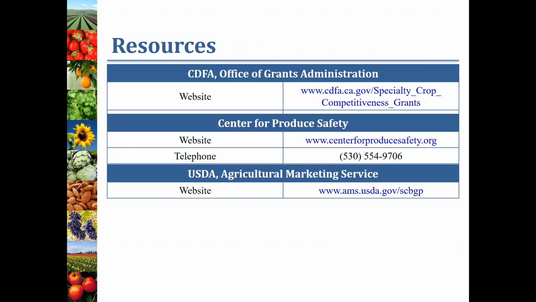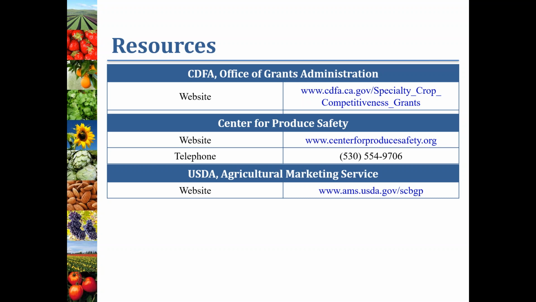Here is a list of resources starting with CDFA. We have listed the CDFA website and email address to send your questions to. To ensure everyone has an equal opportunity to receive the same information, we request that your questions be in writing.